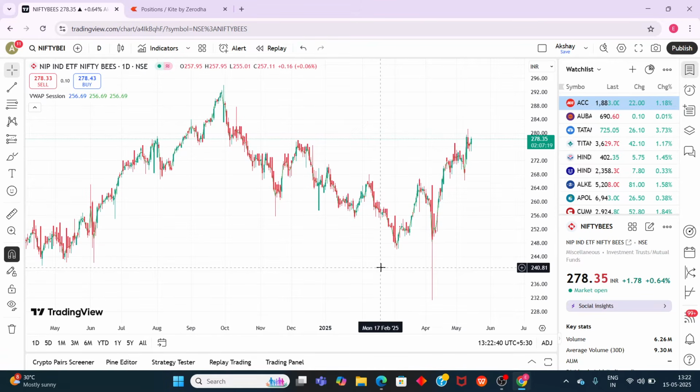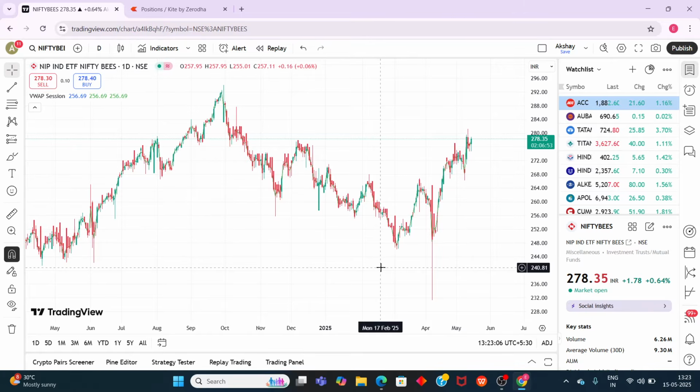It should be different, like PSU Bank Bees, Bank Bees or FANG, Nasdaq 100. So you can select top 10 diversified ETFs and make a watch list out of it. That's step one.